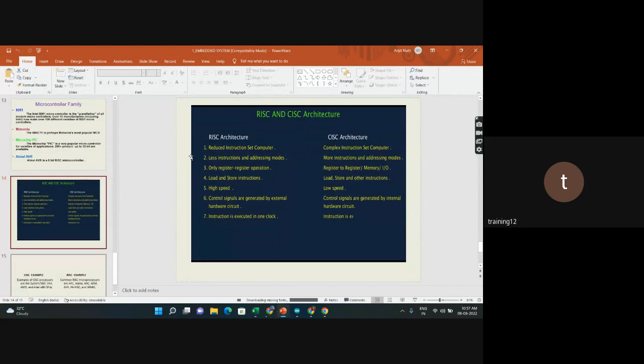Then control signals are generated by a hardware circuit in RISC, and by an internal microprogram in CISC. In RISC architecture, the instruction is executed in one clock cycle, but in CISC architecture, the instruction is executed in many clock cycles.